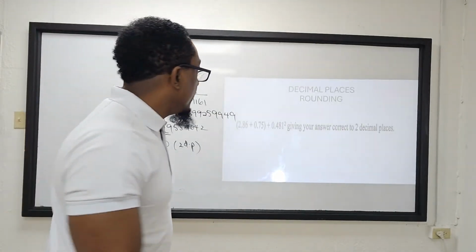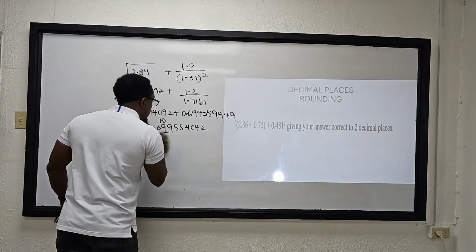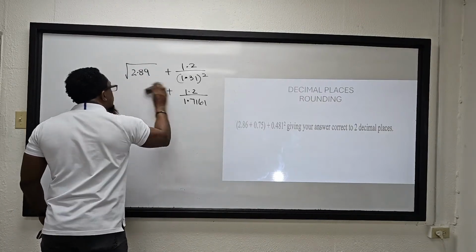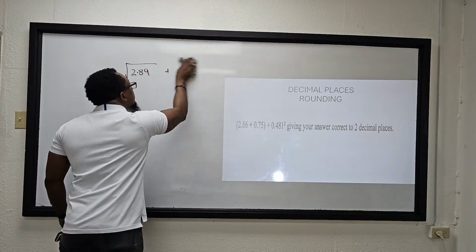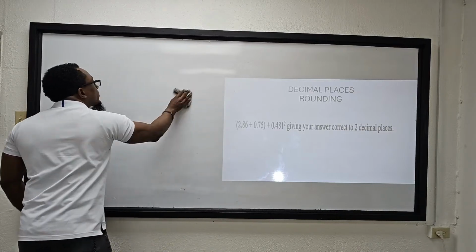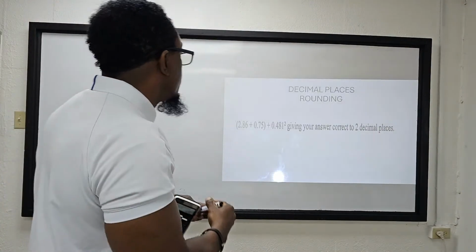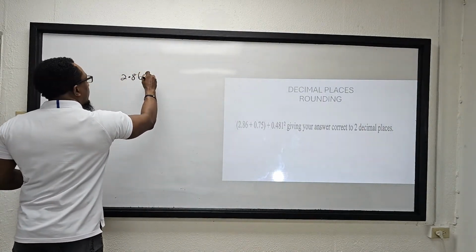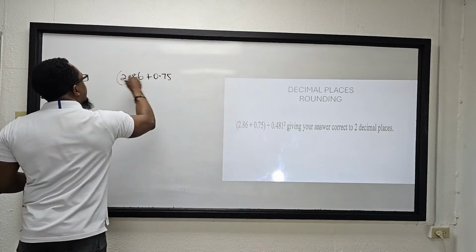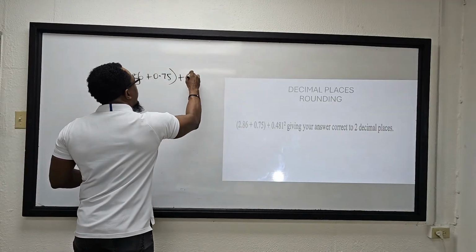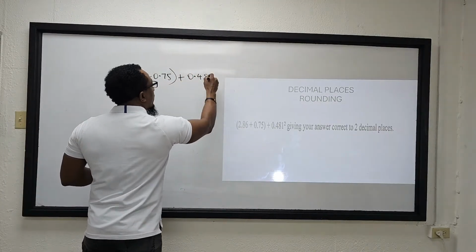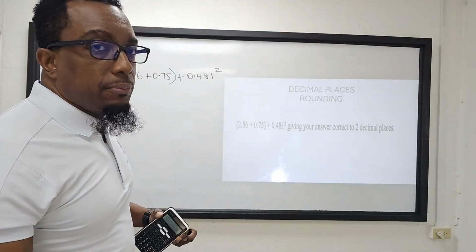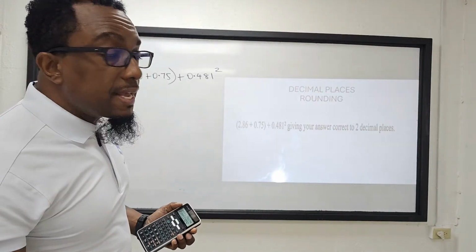Alright, let's look at this one here. We have 2.86 plus 0.75 plus 0.481 squared. You know what 0.481 squared is, 0.481 by itself, right?